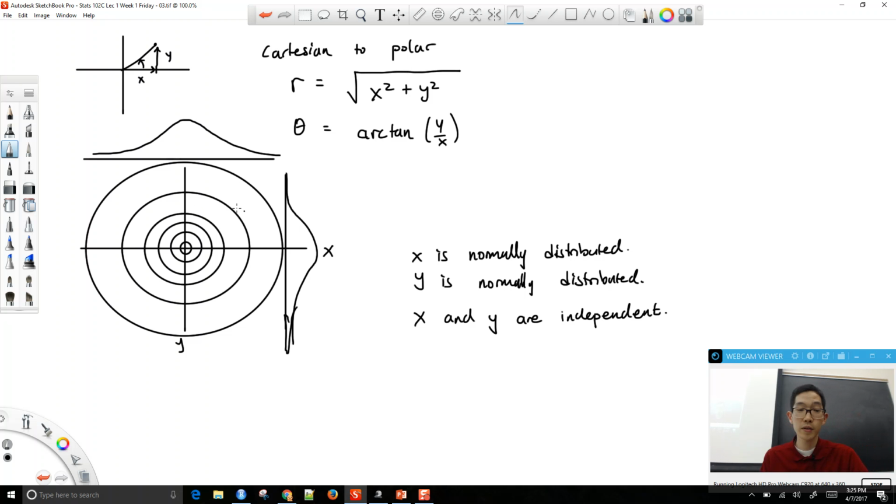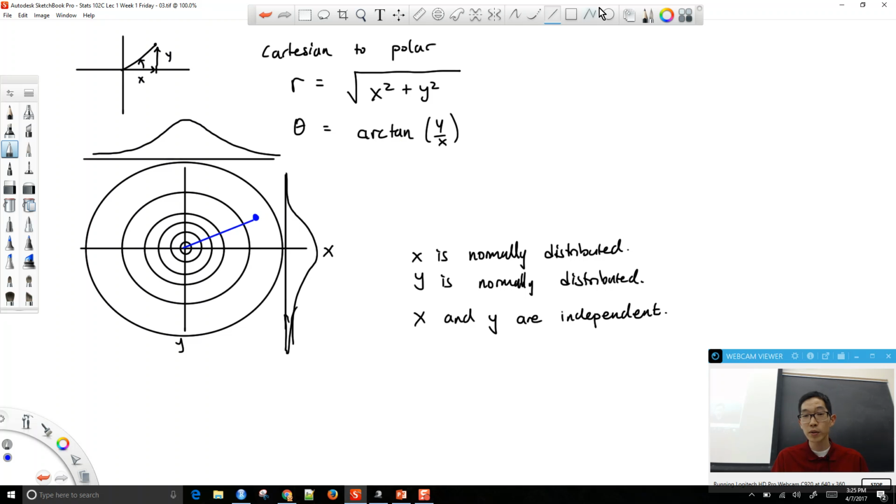Okay, so we're going to say these things are independent, and now we want to know, okay, if we pick an x at random and a y at random, and we just plot it, let's say we get a dot right here, and we turn this into polar coordinates.